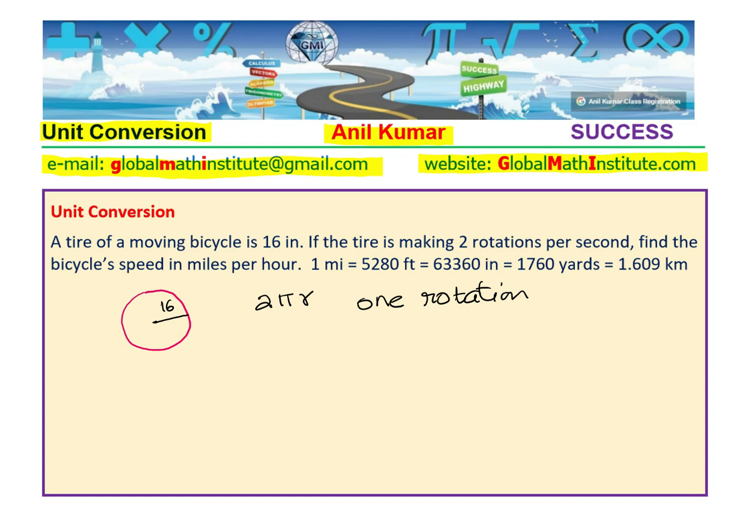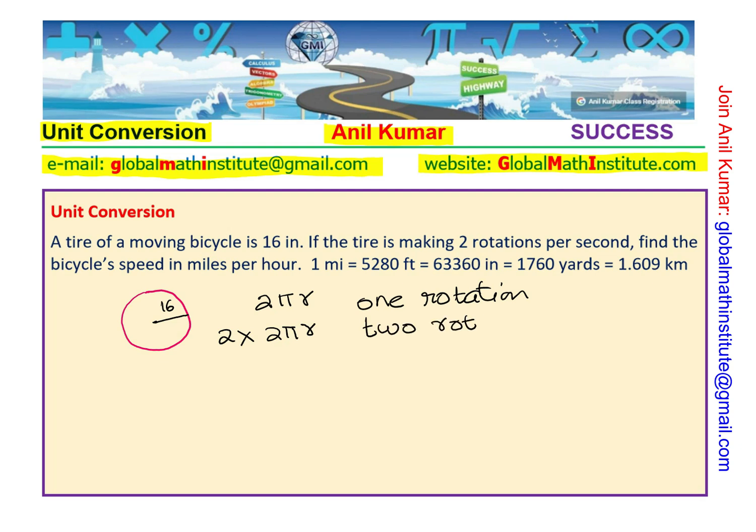Now, that is one rotation, but the tire is making 2 rotations per second, so 2 times 2 pi r per second. Since we know the value of r, we can find the distance covered per second.